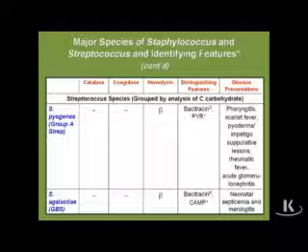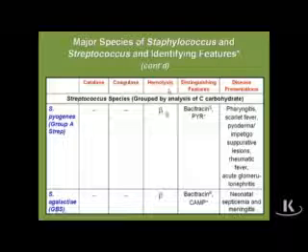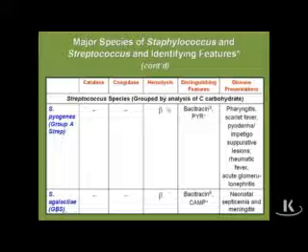Now, one of the ways that the streptococci are differentiated is based on their hemolytic pattern on blood agar. And what did we already talk about? We said that Staph aureus and Strep pyogenes were both beta hemolytic. In addition, group B strep, or Strep agalactiae, is also beta hemolytic. What does that mean?